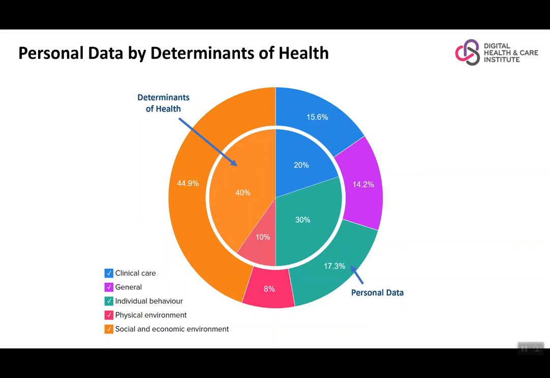As you would probably expect, the volume of personal data items, which might be your GPS location, your address, your blood pressure readings, your medications, your job history, the volume of these types of data items broadly corresponds to the value around your well-being. And the other new category there is general, and that pertains to things like address, which are common and can't easily be categorized against any one of these components.